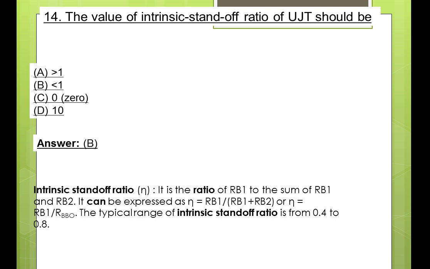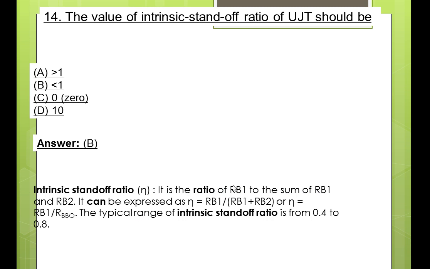Here is the explanation. The intrinsic standoff ratio is the ratio of the base 1 resistance to the sum of the resistance of base 1 plus the resistance of base 2.